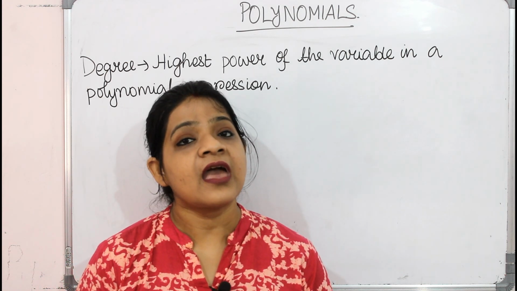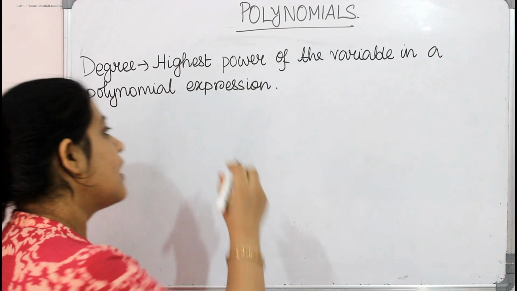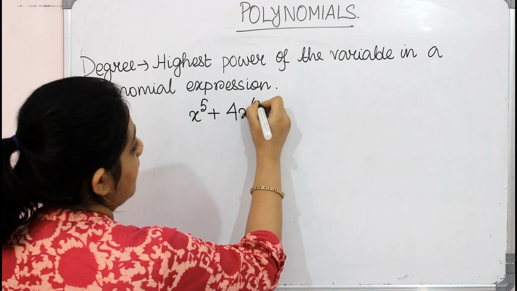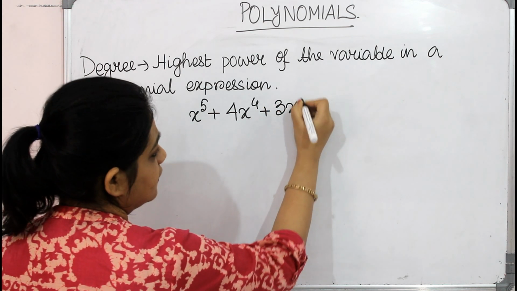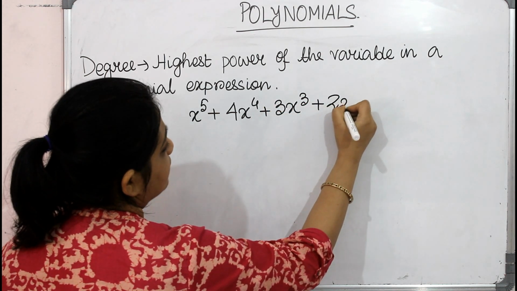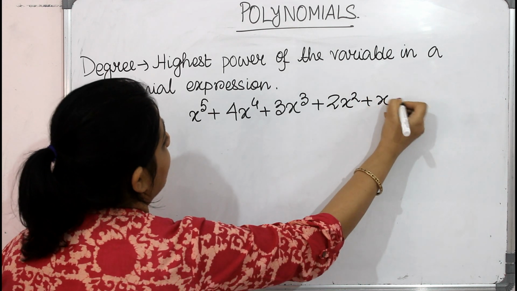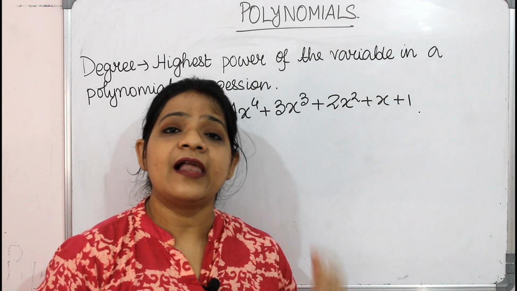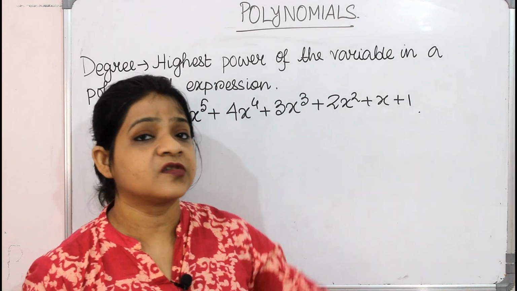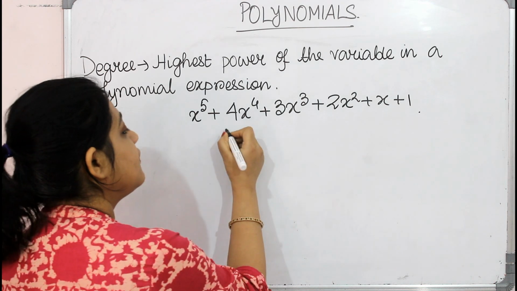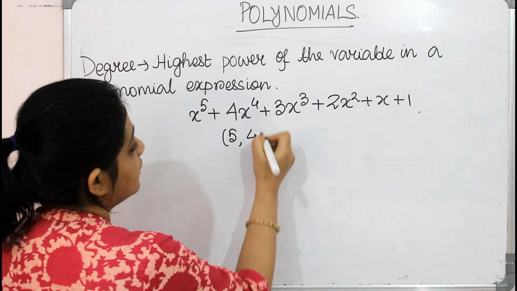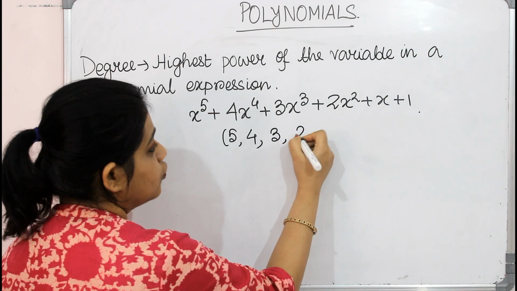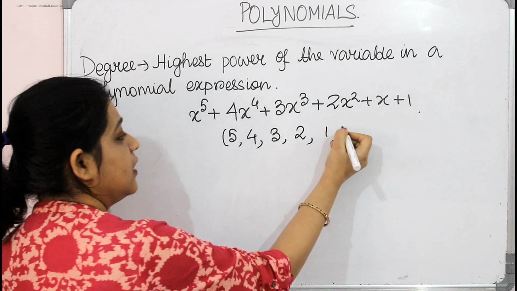Similarly, suppose we take the polynomial x to the power of 5 plus 4x to the power of 4 plus 3x cube plus 2x square plus x plus 1. You tell me what the powers or exponents are here. 5 is an exponent, 4 is an exponent, 3 is a power, 2 is a power, 1 is a power, isn't it?